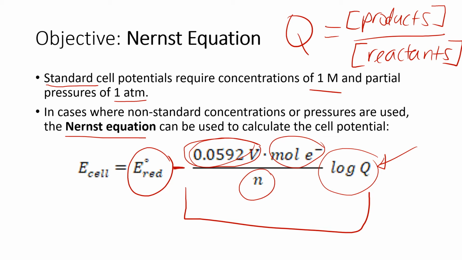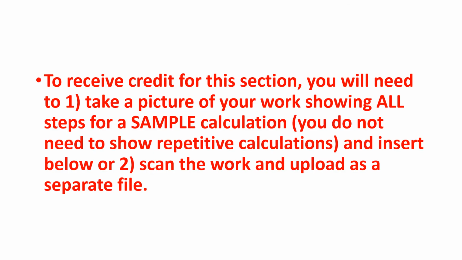Okay, so there are a few moving parts to this. So I have linked a video on how to calculate these non-standard cell potentials, and it's within the procedure. Just to be very clear, to receive credit for your sections, you will need to either take a picture of your work showing all the steps for a sample calculation.